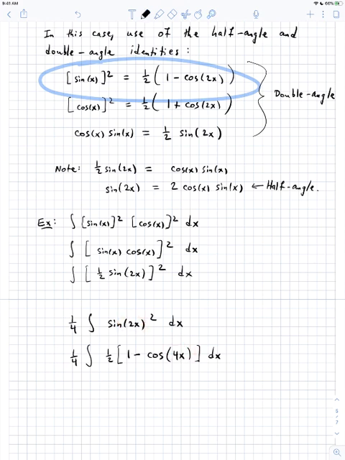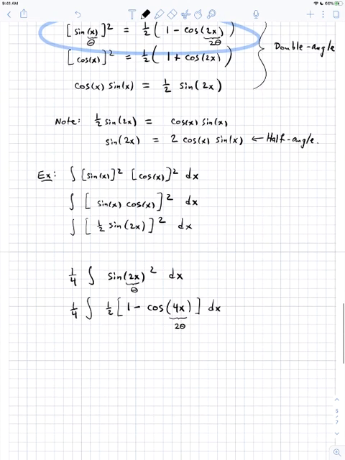If you prefer, you could think of this angle as being theta, and this angle as being 2 theta. The point is that now we can actually evaluate this. Let's take out that 1/2. So we're going to have 1/8 times the integral of 1 minus cosine 4x dx.